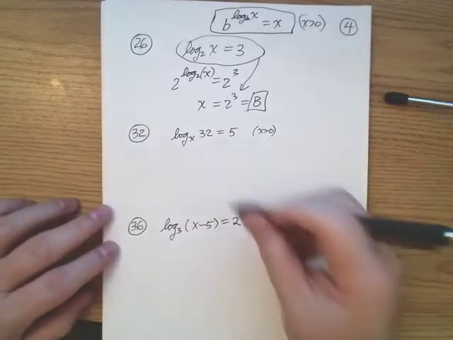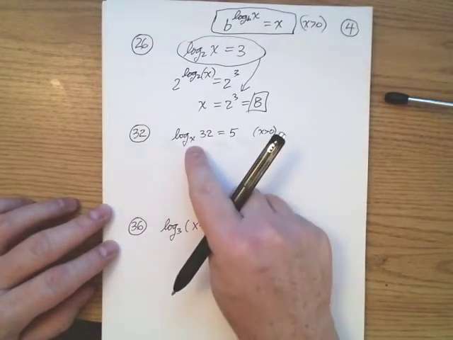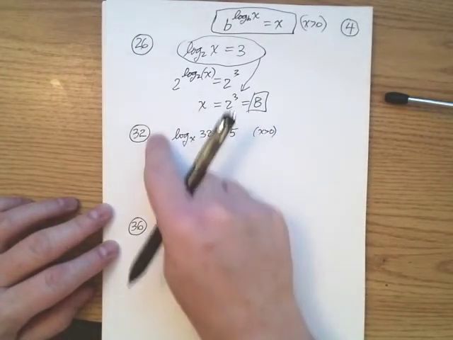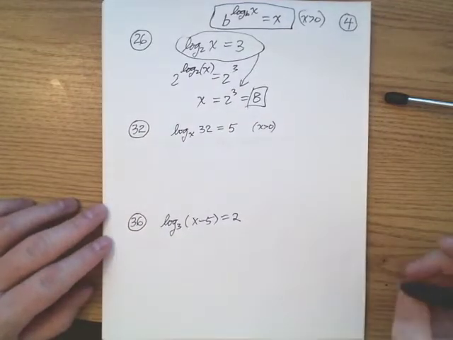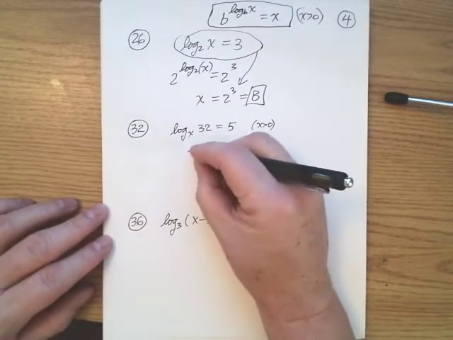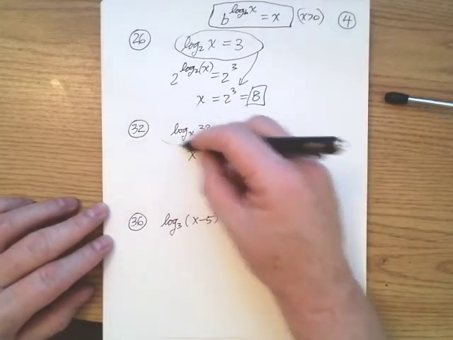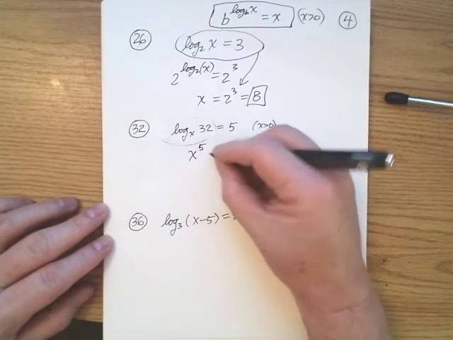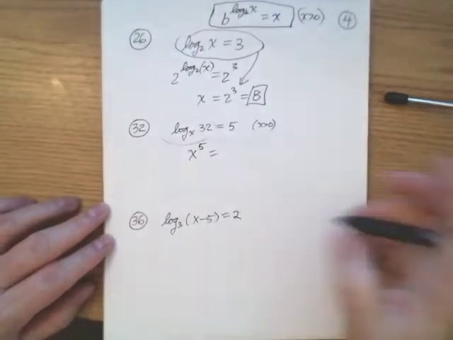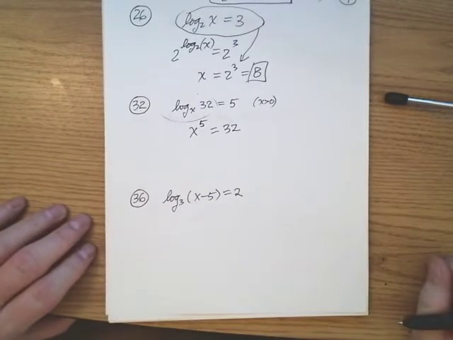Now let's go ahead and try this one here. How would you write this? In fact, let's go ahead and do it that way. Can you rewrite this as an exponential equation anyway? What's the base? X, right? What's the power? Well, the whole thing is the exponent, so that's got to be, we know its value is 5. Well, that's equal to 32.